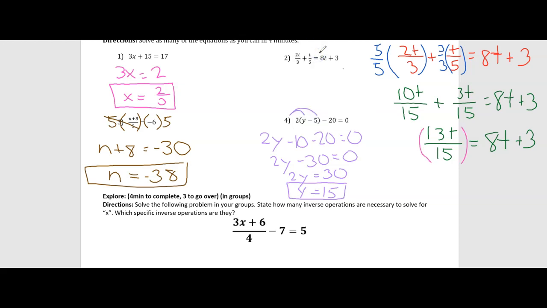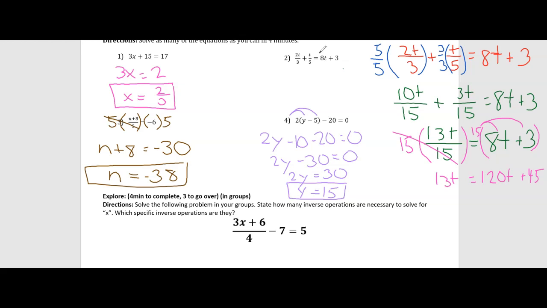This is now starting to look like equation number 3. That's going to get rid of that denominator, and then I have to multiply this side by 15 as well. So that gives me 13t is equal to 120t, that's 15 times 8, plus 45. Don't forget to distribute the 15 to both terms.